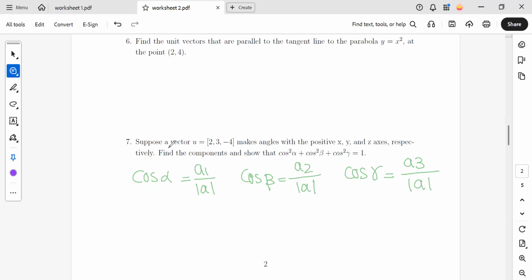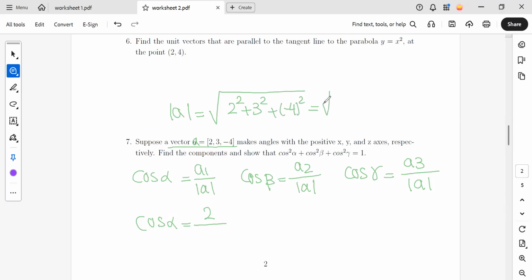So for this vector here that is given to us, cosine of alpha would be 2 over the absolute value of, okay, let's say this is a. It will be square root of 2 squared, 3 squared, and negative 4 squared.